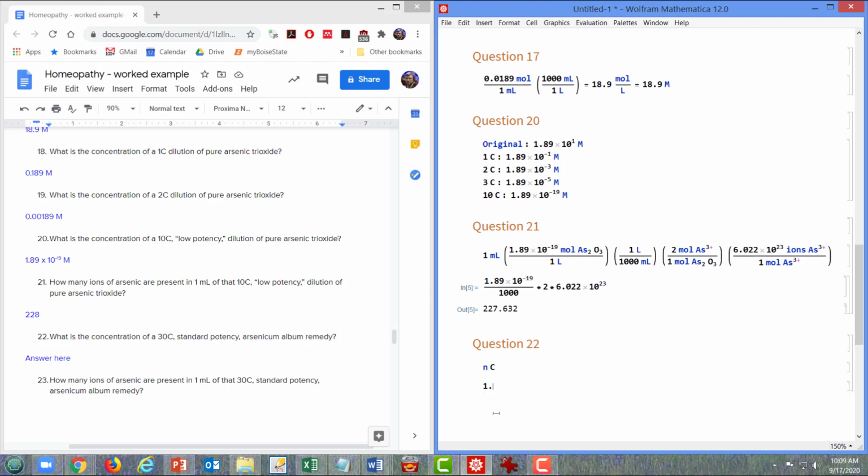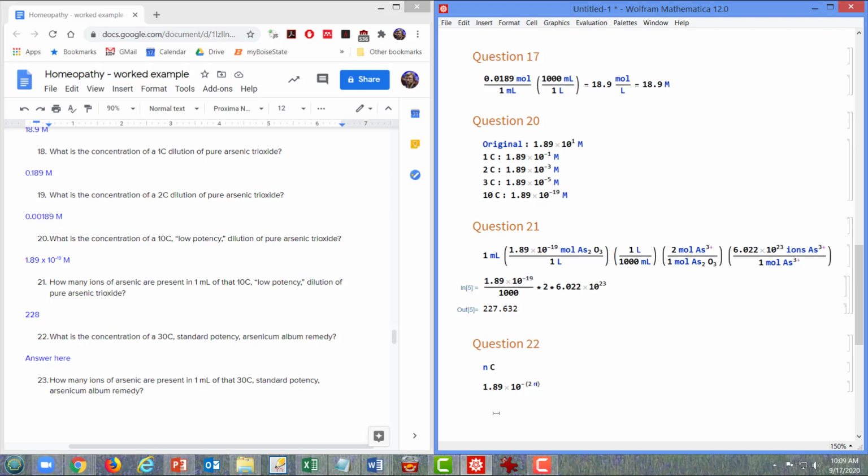It's going to be 1.89 times 10 to the negative something. Well, we know it's going to be something related to 2N because the value changes by 2 each time. But if we do 10 to the negative 2N, then 1C would be 10 to the negative 2, and 2C would be 10 to the negative 4.